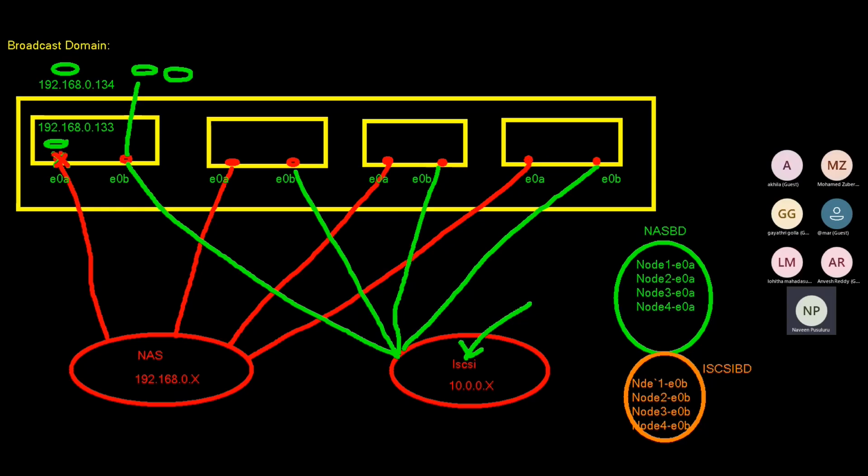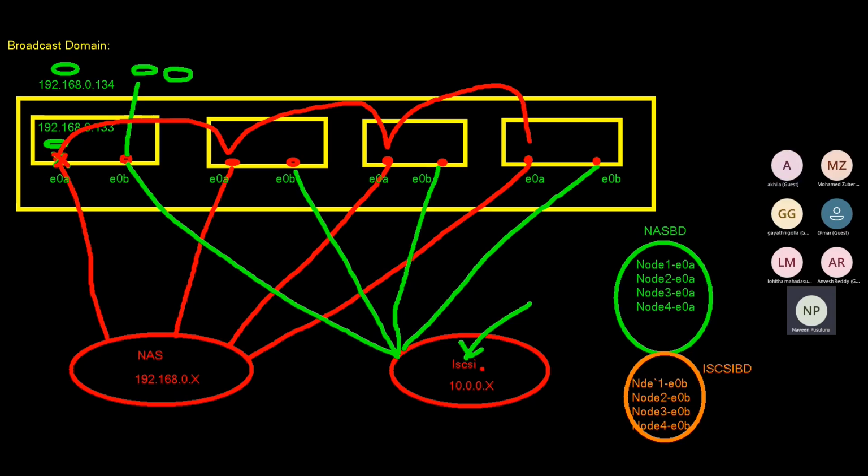So these LIFs might move to any of them. They will not move to E0B, because E0B is part of a different broadcast domain. So by using broadcast domains, we can eliminate accidental movement to ports on a different network. Did you get what I'm saying, or do you want me to repeat it, or do you have any questions?